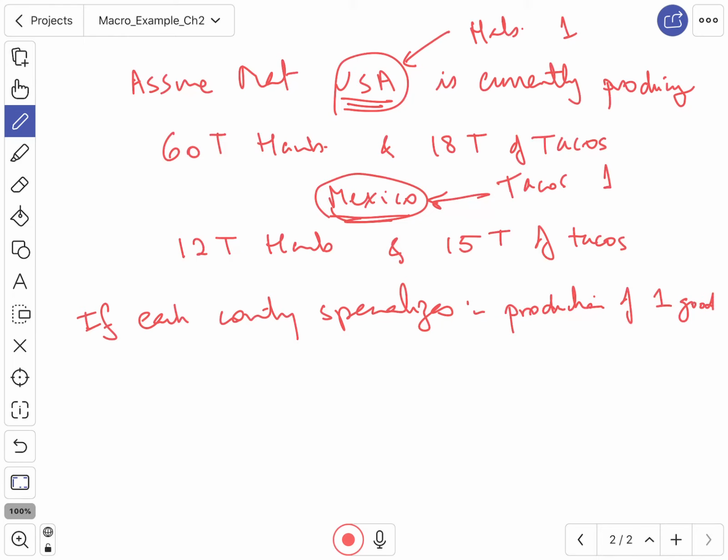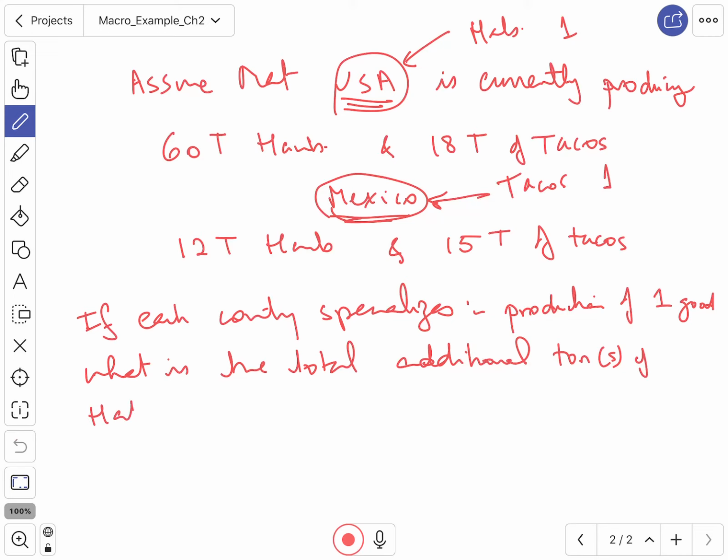Okay, so what is the total additional tons of hamburgers that can be produced for the two countries? So we're going to repeat it one time for hamburger and one time for tacos.